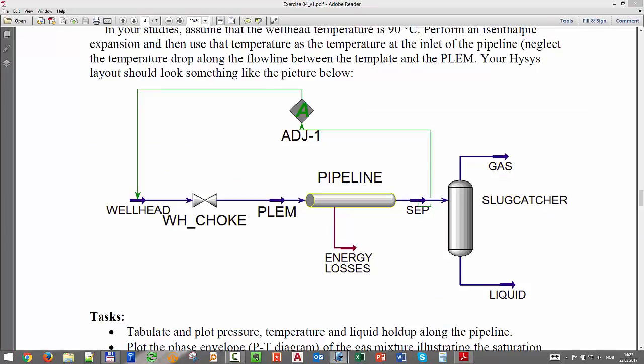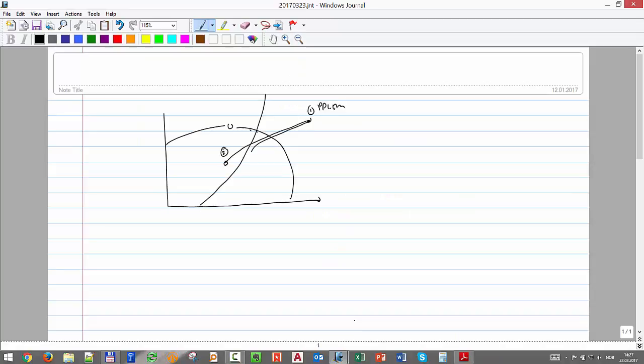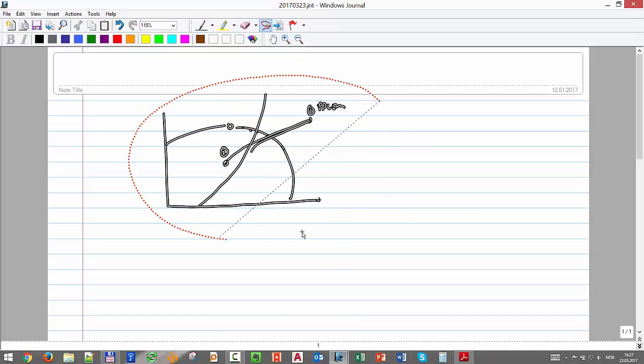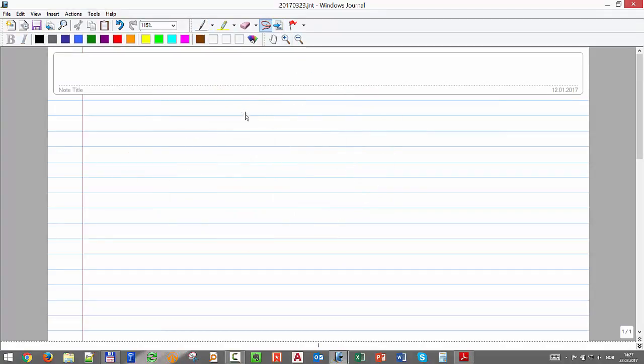Okay, so let's continue with what we were doing last time. And I'm going to make the deduction of this heat transfer coefficient, and I will use it only for 3 layers, what we have in exercise 1.